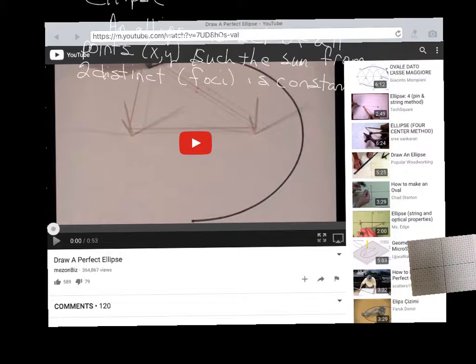It's hard for me to stick something on the board and draw it, so I thought this would work better. They're stretching it out about as far as they can and trying to keep it stretched.